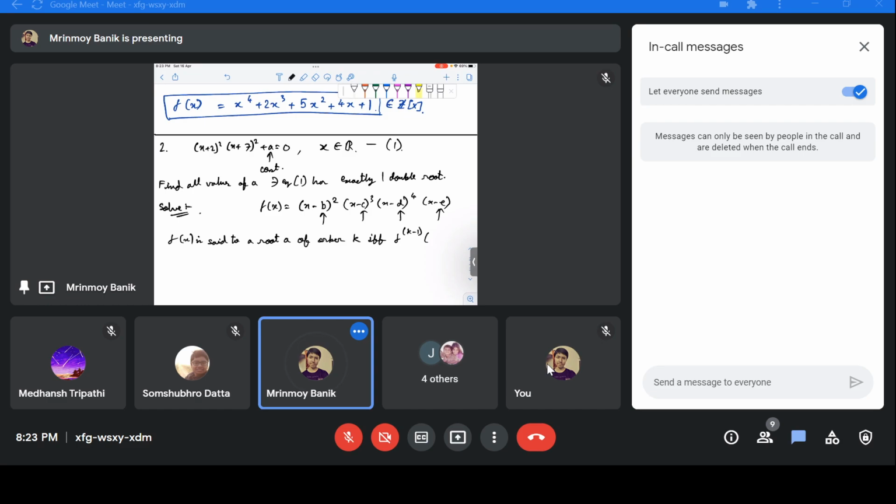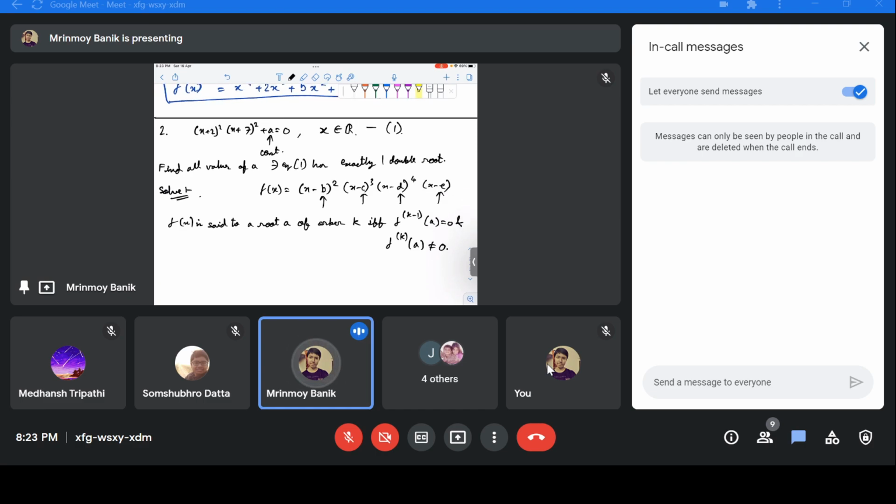vanish at a, that is, a is a root, and the k-th derivative of f at a is not equal to 0. So if the k-th derivative of f, like a is not a root of the polynomial which we get after k times differentiating f, but with one less differentiation a is still the root.